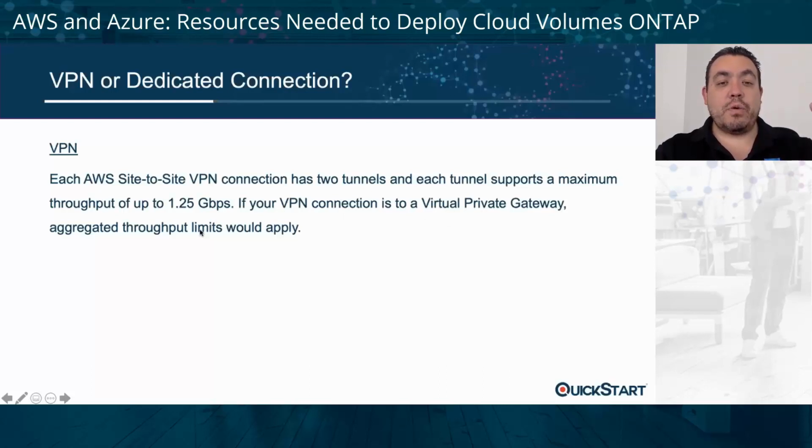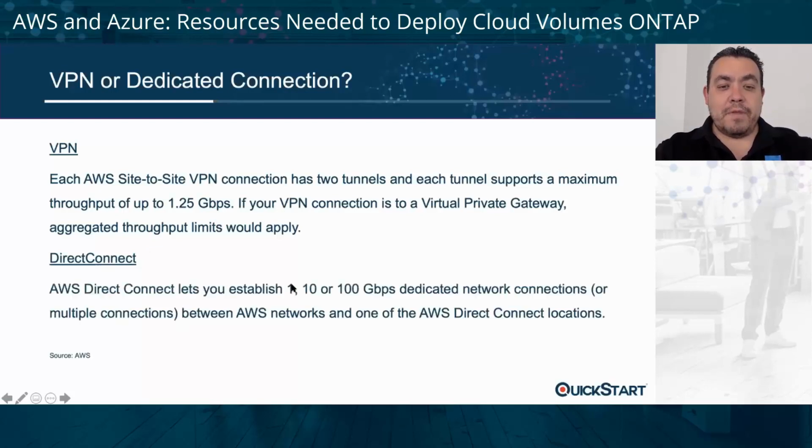That means you can get 2.5 gigs on your VPN connection. If you go with a dedicated connection, the name of the feature, by the way, is called Direct Connect, then you can get 1, 10, or 100 gigs, okay? And that's the fastest and most secure way to connect your on-prem to your public cloud.